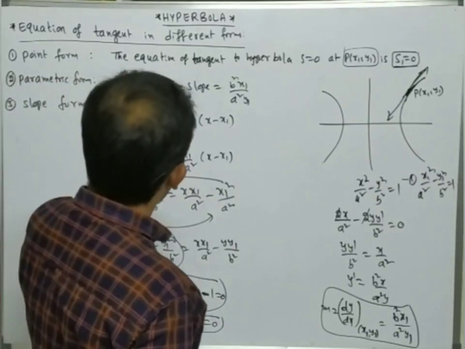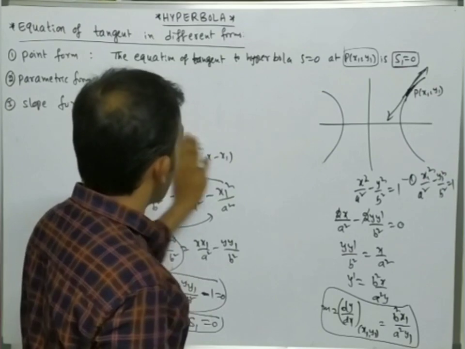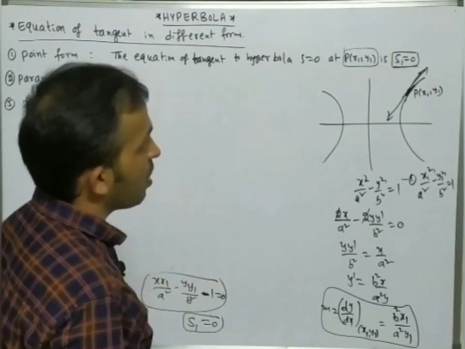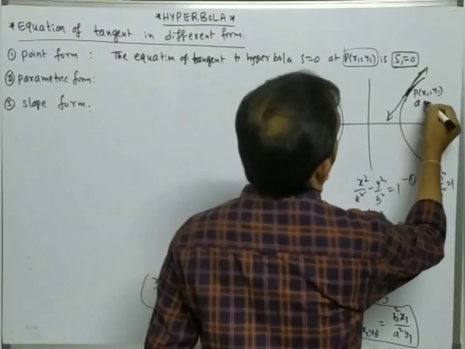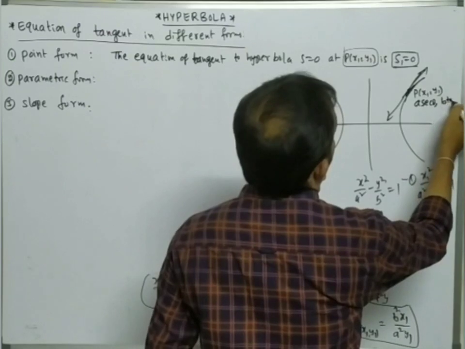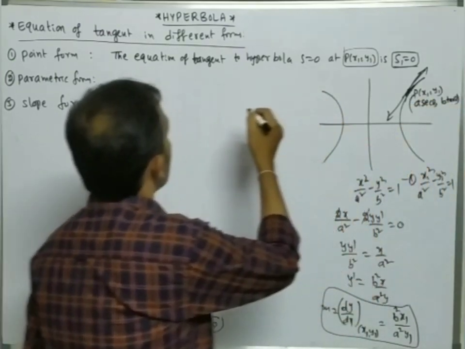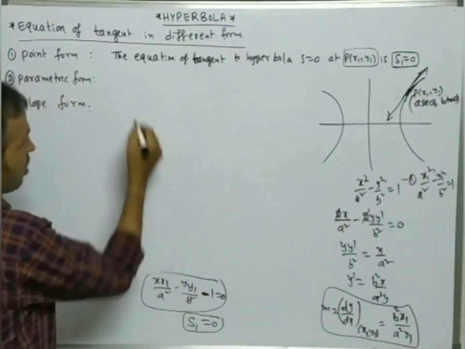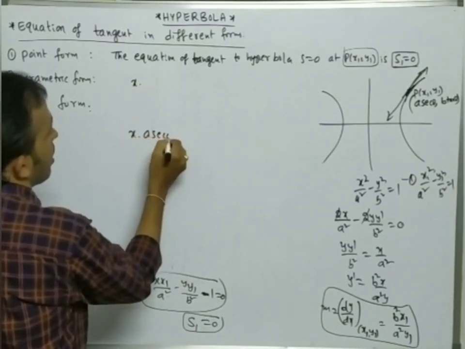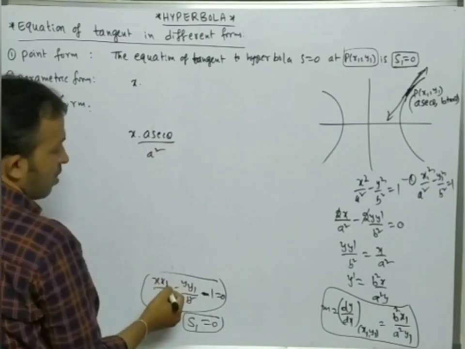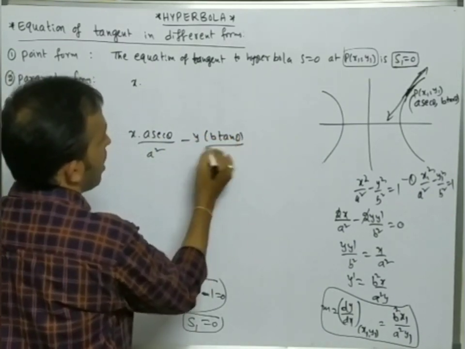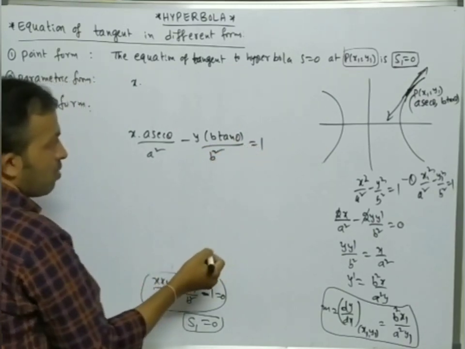Now I am going to find it in parametric form. To find the tangent equation in parametric form, what is the point in parametric form? a sec theta, b tan theta, right? So substitute in this equation, you will get x into a sec theta by a square, okay, x1 value, minus y into b tan theta by b square is equal to 1.